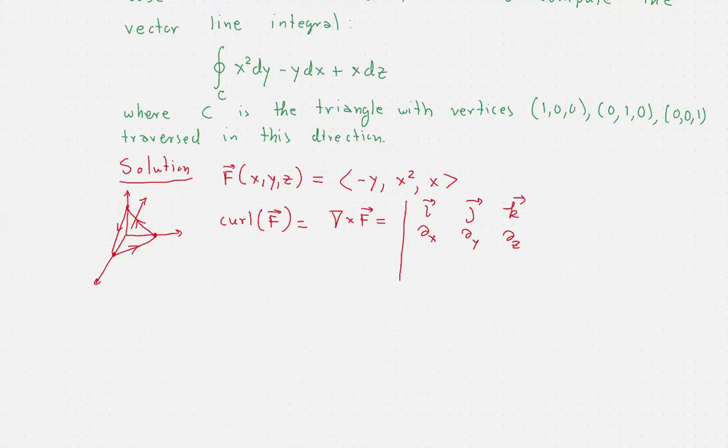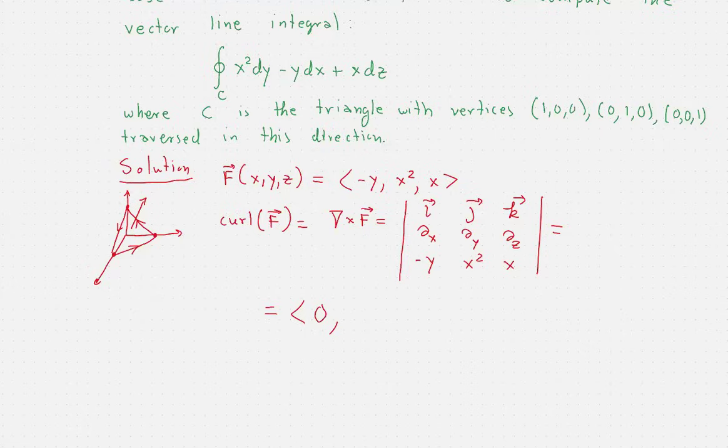So delete the first row, delete the first column, and you will get the derivative of x with respect to y minus the derivative of x squared with respect to z. Both of them are 0. Then delete the first row and the second column, and you will get the derivative of x with respect to x, that's 1, minus the derivative of negative y with respect to z.